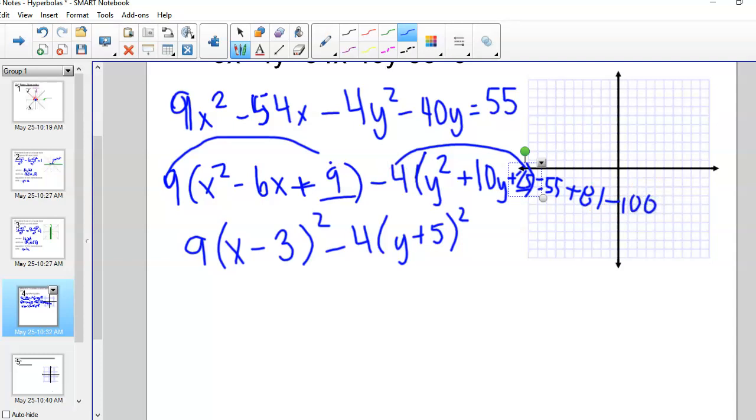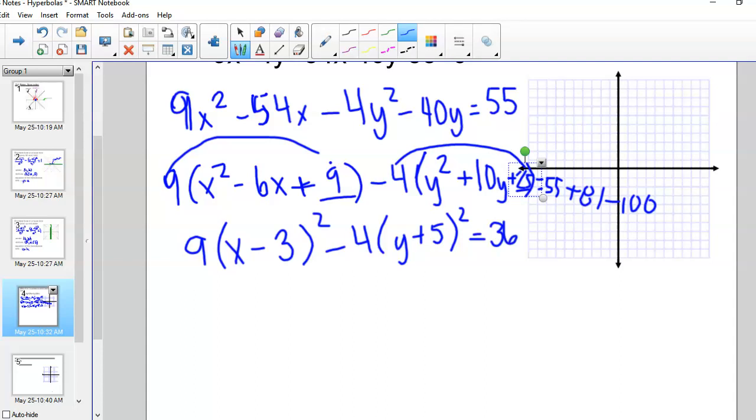Okay, so notice that's a minus there that we're adding to that side. And so if we do 55 plus 81 plus 100, that's going to be 55 and 81 is going to give us 136, and then we're going to subtract 100, so we'll get 36 right here.